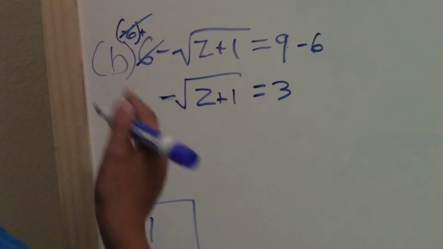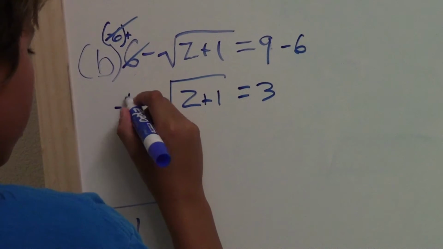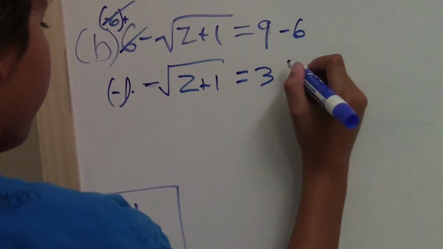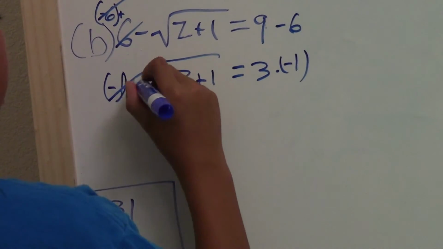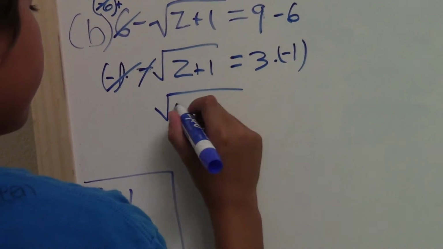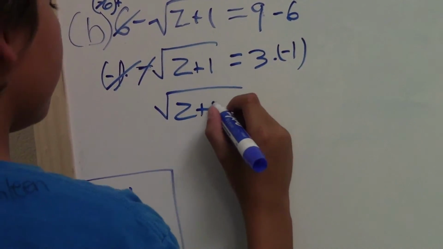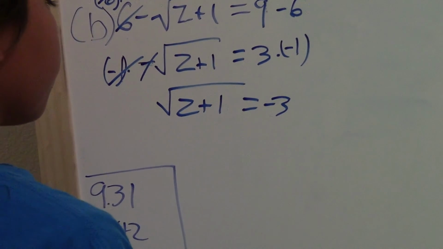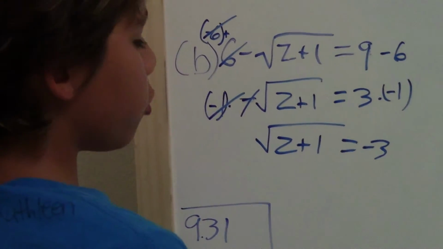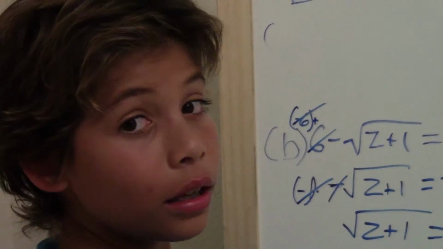Now we just have to get rid of that negative, so multiply by -1 on both sides. Then the square root plus 1 equals -3. Yeah, we're done.